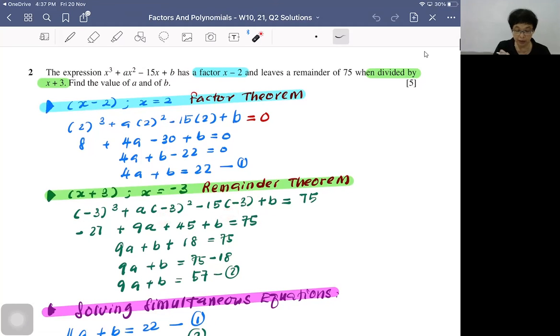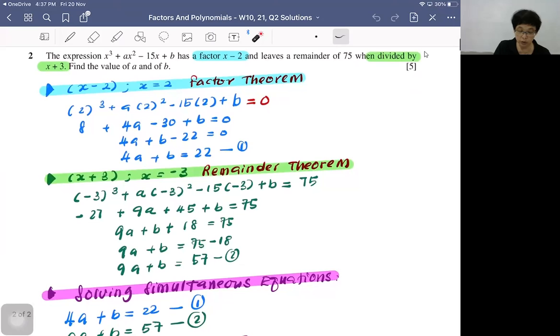Then we get negative 3 cubed plus a times negative 3 squared minus 15 times negative 3 plus b. This is the beauty of the remainder theorem, that you equate it to 75 because that is the remainder. We simplify and gather the like terms, and that gives us 9a plus b equals 57.